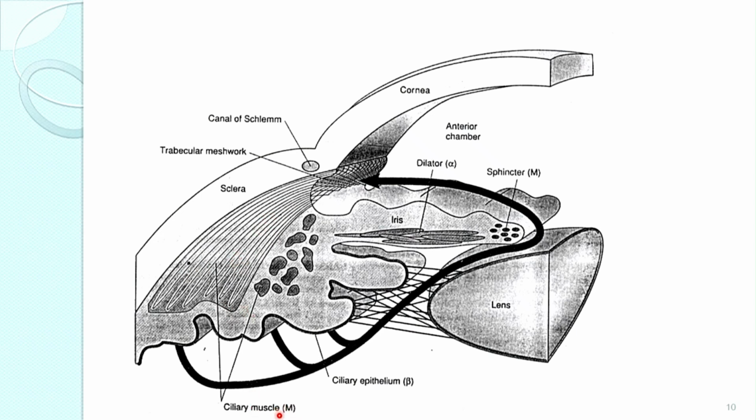They are supplied by muscarinic receptors, and when they contract, they increase the openings of the trabecular meshwork and improve the drainage of the aqueous humor, denoted by this dark line, through the canal of Schlemm, which is a venous sinus.